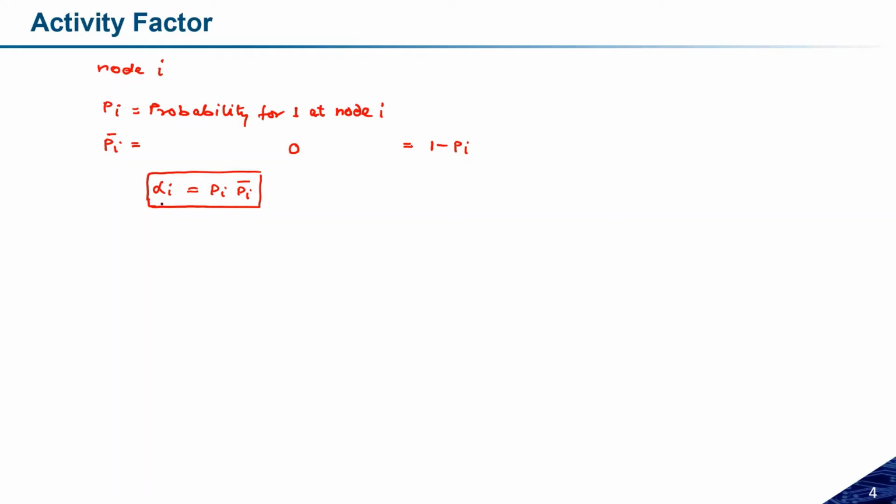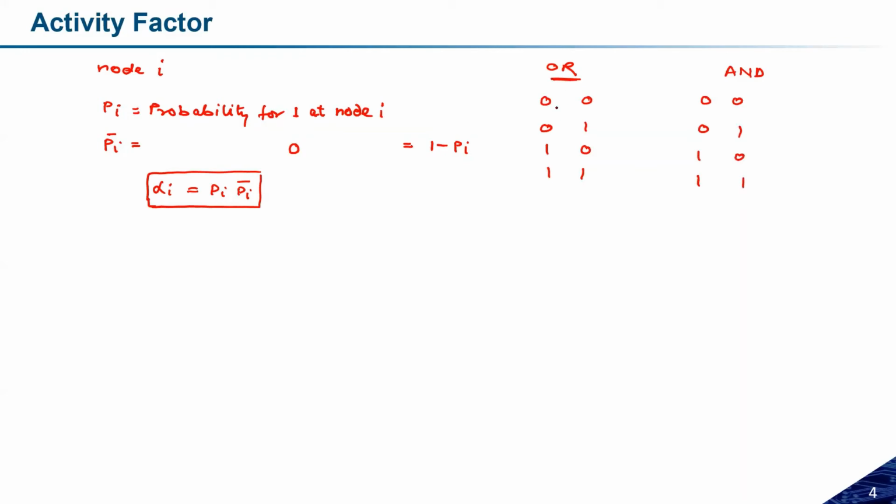Let us assume I have an OR gate and an AND gate, two gates. For the OR gate the pattern is 00, 01, 10 and 11. Similarly for the AND gate, 00, 01, 10 and 11.